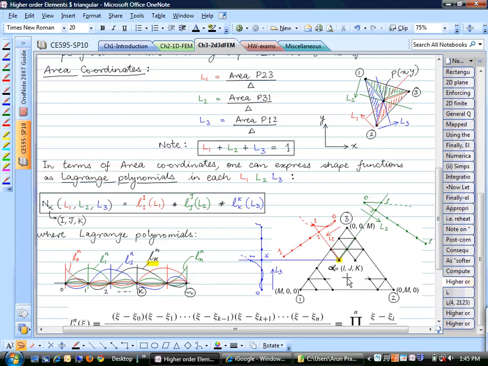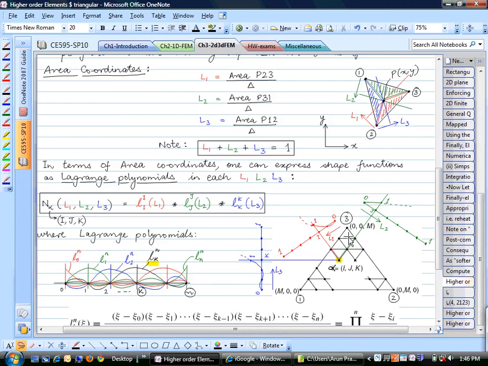For K, we are going to go in this direction, therefore we start from 0, 1, 2, and 3. So K is 3. And if you sum all of these up, I plus J plus K will always turn out to be the total number of nodes in any direction. That is, I plus J plus K will be equal to M.